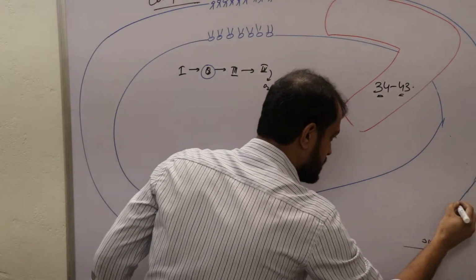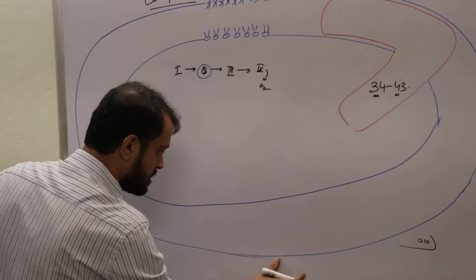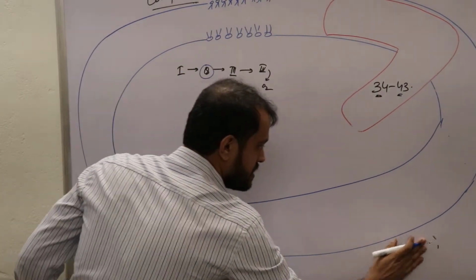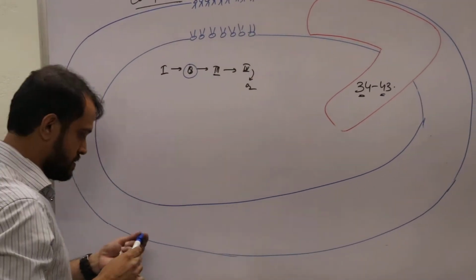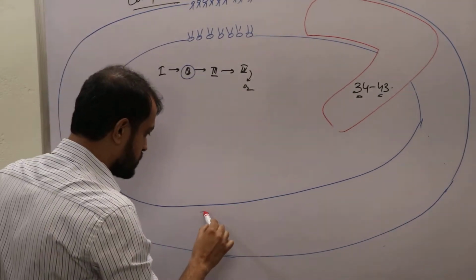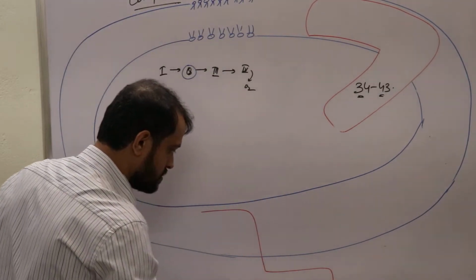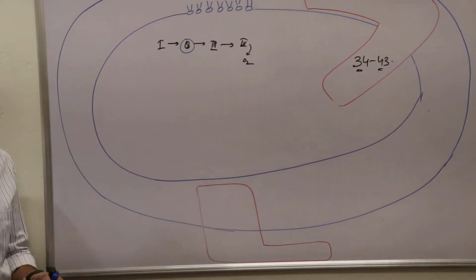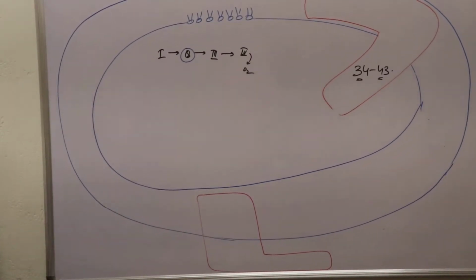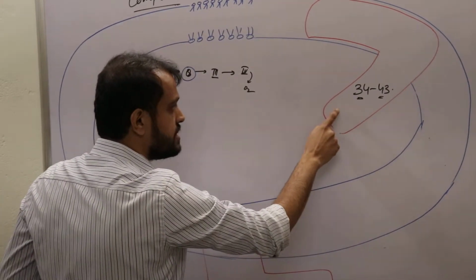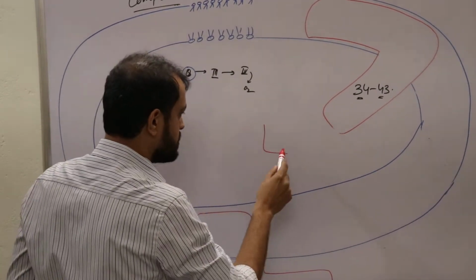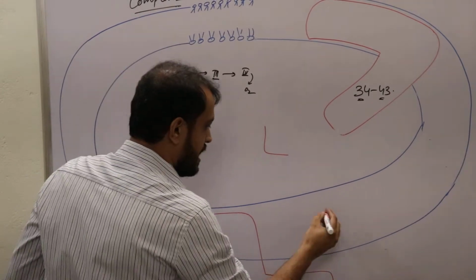Because suppose I tell you this protein can be positioned like this, suppose I tell you it can be positioned like this, will you accept it? You should not. Why, you know? Because listen, this is the L-shaped protein, right? Now the L should be like this.